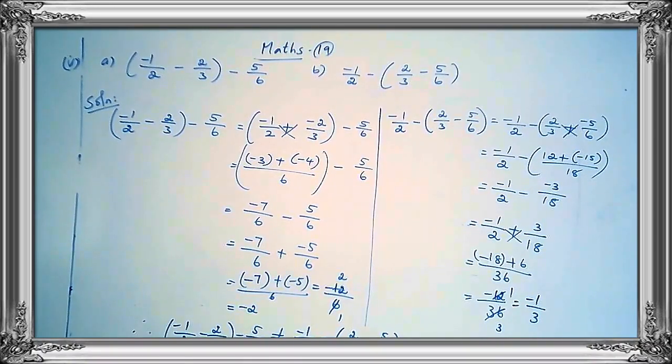At last, take the answer and write it, okay? So therefore A part and B part are not equal. Okay children, you put the unequal sign. Okay, clear? Yes.